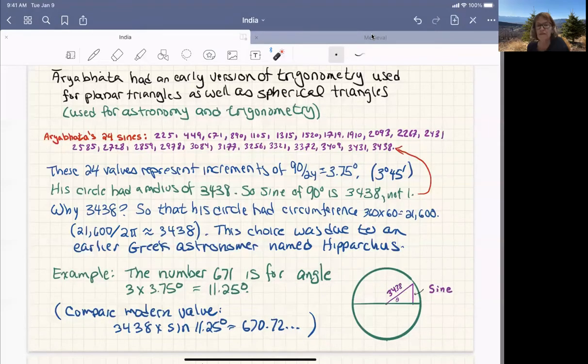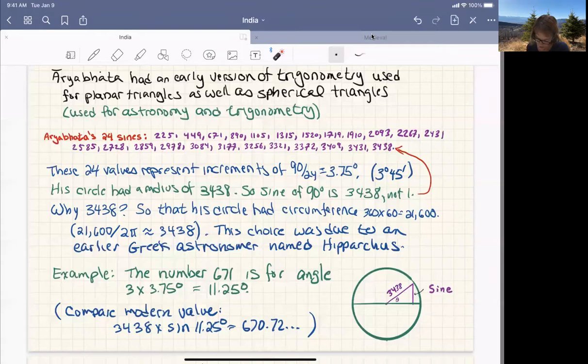Remember this, the 90 degrees was divided into equal parts of 3.75 degrees each. So the third value on the chart corresponds to the angle of 3 times 3.75, which is 11.25 degrees.